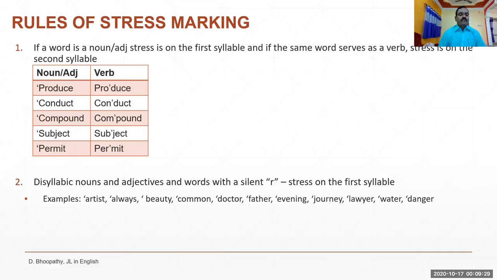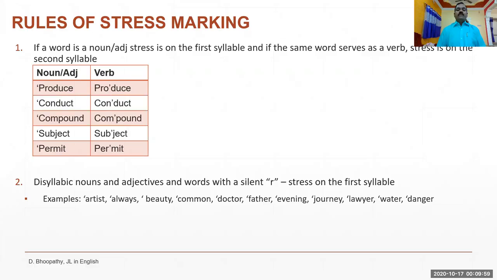Conduct, there are two syllables. The first syllable is the stressed syllable. As a verb, it is conduct, conducting a meeting. He conducted the meeting. He conducted the assembly. Compound, it is a noun, so the first syllable is the stressed syllable.